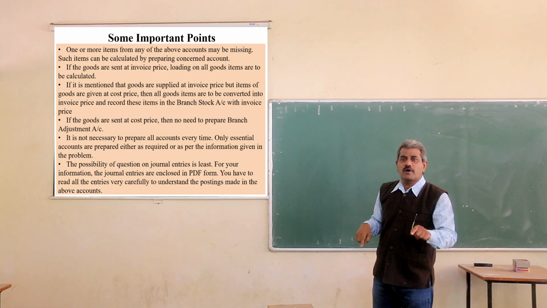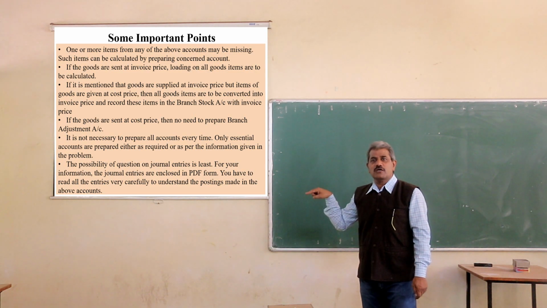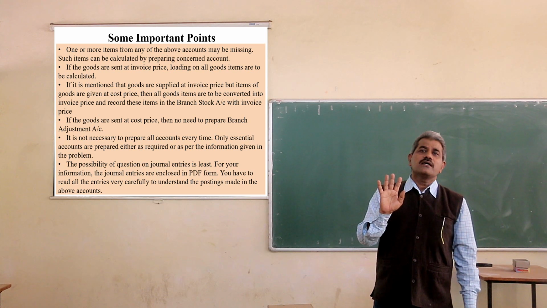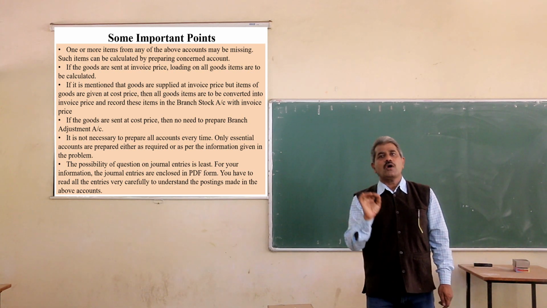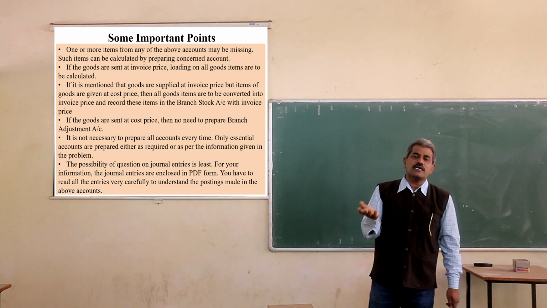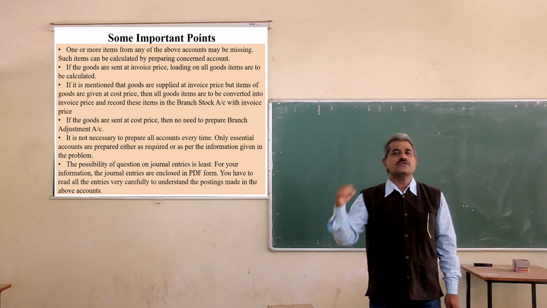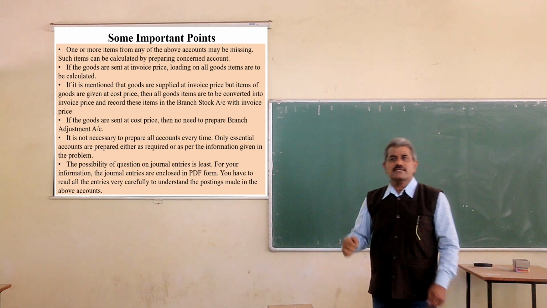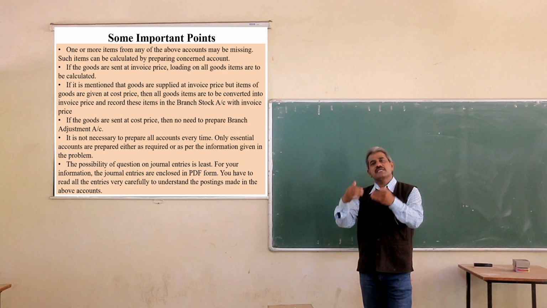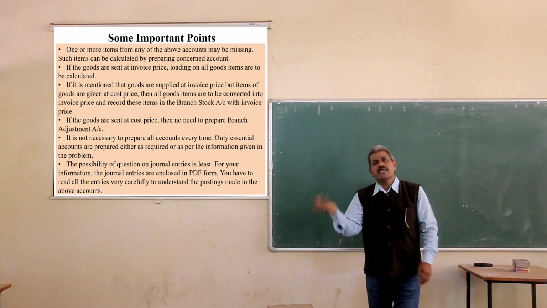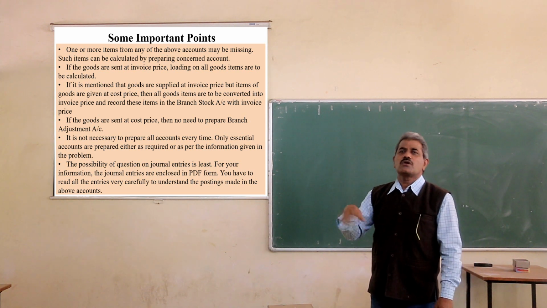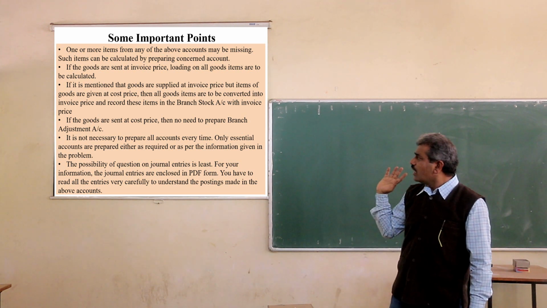If you are asked to prepare some accounts, you have to prepare only those accounts. And if you are not asked for any specific accounts, then read the problem and prepare depending upon the information given in the problem. But there will be a maximum of 8 accounts, not more than that.